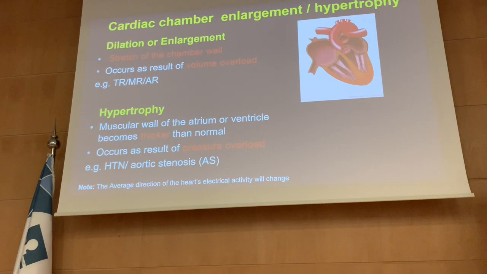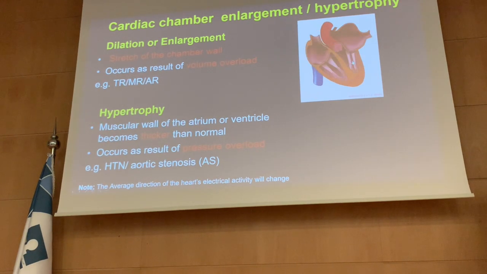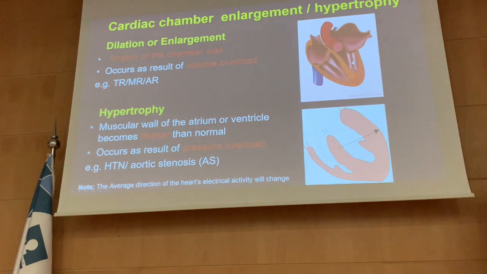So the term dilated means a wide ventricle in simple terms. Clear? Is this applied to the atria also? No. The atria only get dilated because they have only a thin wall, no muscles, so no hypertrophy in the atria.